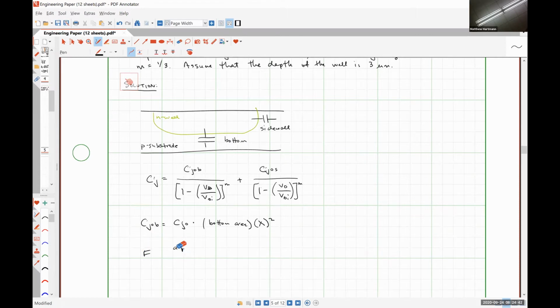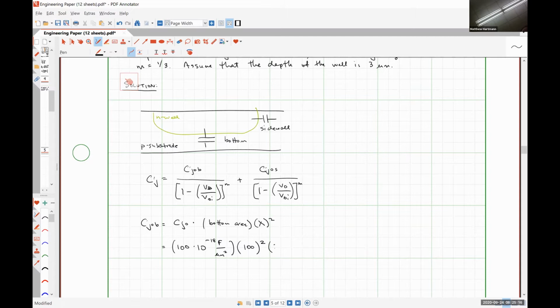And so when we put in numbers, this is going to become 100 times 10 to the minus 18 farads per micron squared, times 100 squared, because it's a 100 by 100.